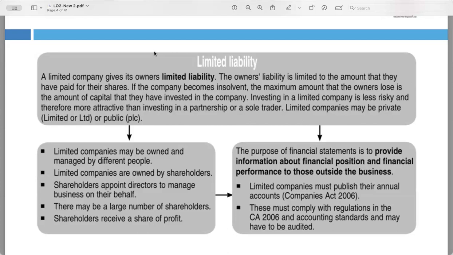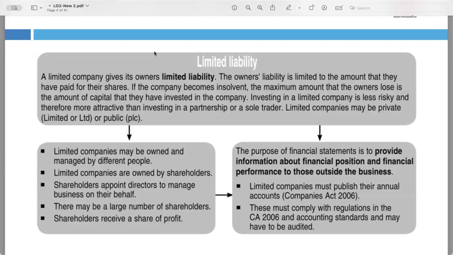This means that if the company becomes insolvent, the maximum financial loss for a shareholder is limited to their initial investment, making it a less risky investment option. The feature makes limited companies more attractive for investors compared to sole traders or partnerships.